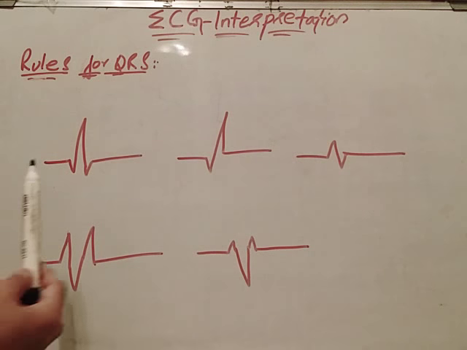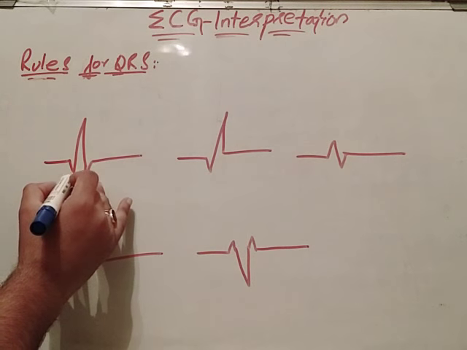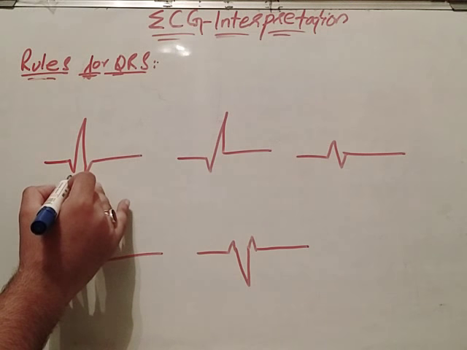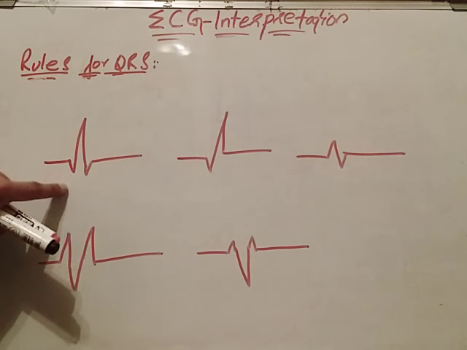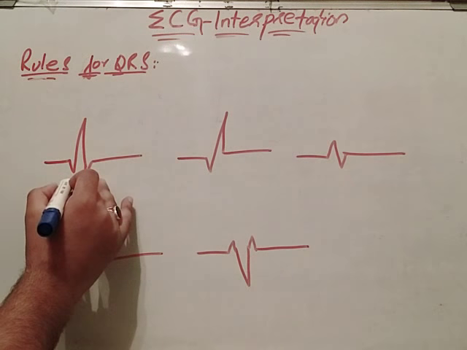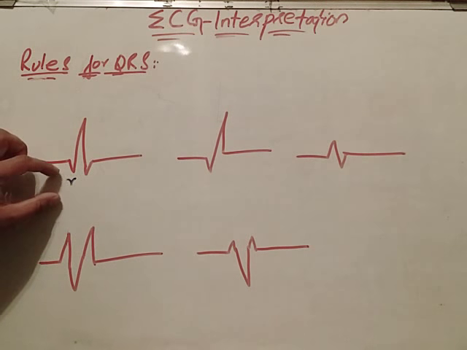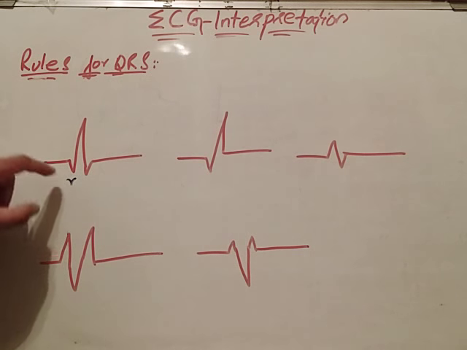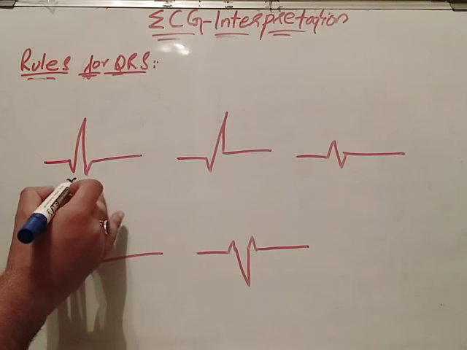The first positive wave will always be R. It will be R. If it is small, then it will be small r, and capital R and small r depend upon the length. For example, if it is more than 3 millimeter, then it will be capital R, or if it is less than 2 to 3 millimeter, then it will be small r. So we take here the smaller.